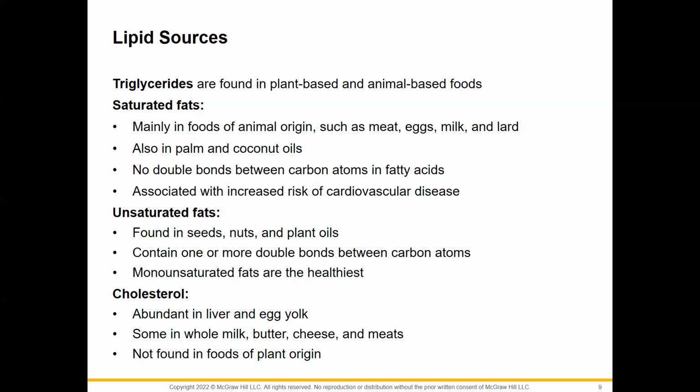They do that because as soon as they say no cholesterol, you're like, oh, this must be healthy. But here's the thing. If it's a plant-based product, it doesn't have cholesterol anyway.